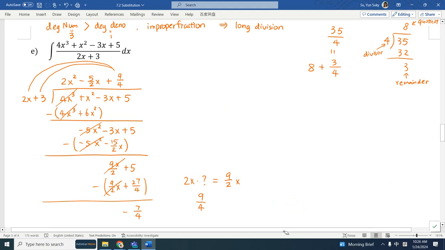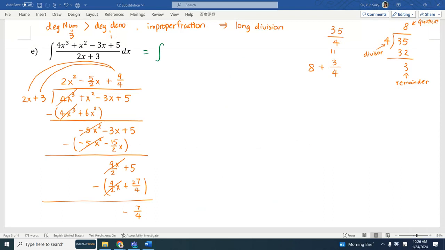Now we can integrate. So let me use a different color. This integral is equal to the quotient plus the remainder over the divisor.